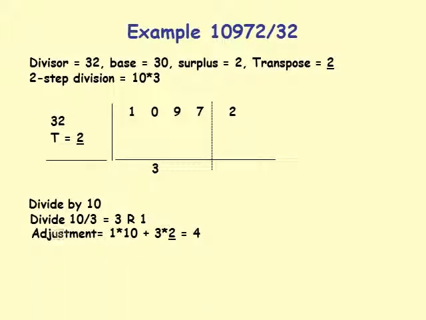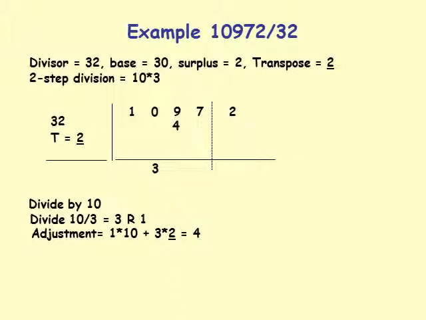Adjustments: remainder 1 is proportional, and the proportionality is the first division, which is 10. 1 times 10 is 10, plus 3 times the transpose, negative 2, is negative 6. 10 plus negative 6 is 4. So the adjustment for the next column is 4.